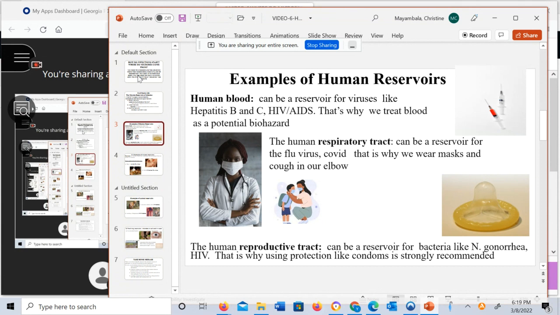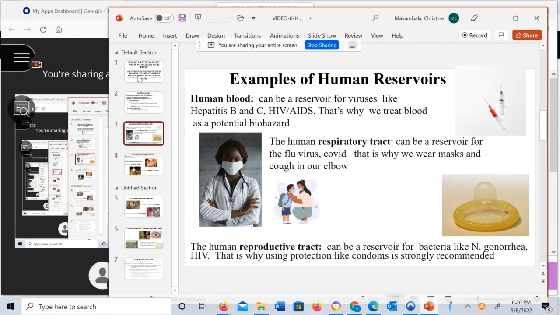The reproductive system is another: there are pathogens that could be in someone's reproductive system, especially the sexually transmitted organisms like gonorrhea and HIV, and of course syphilis.